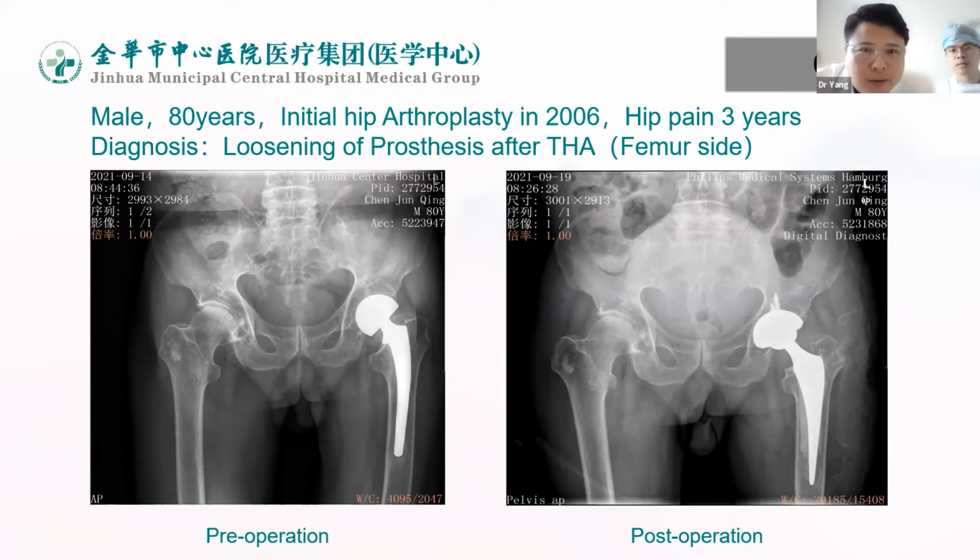We diagnosed loosening of the prosthesis on the stem, the femoral side, and we wanted to do femoral side templating, because we found the femoral bone quality is low, not good.